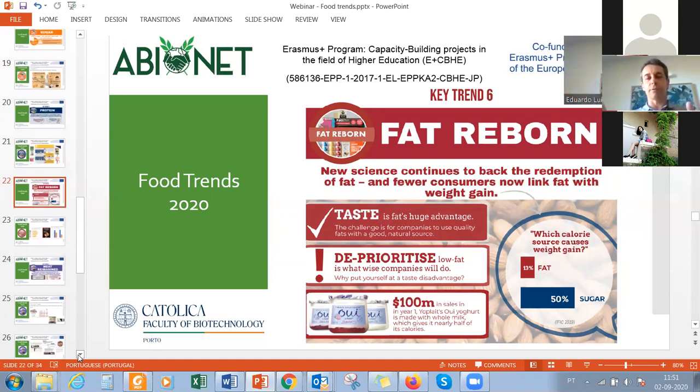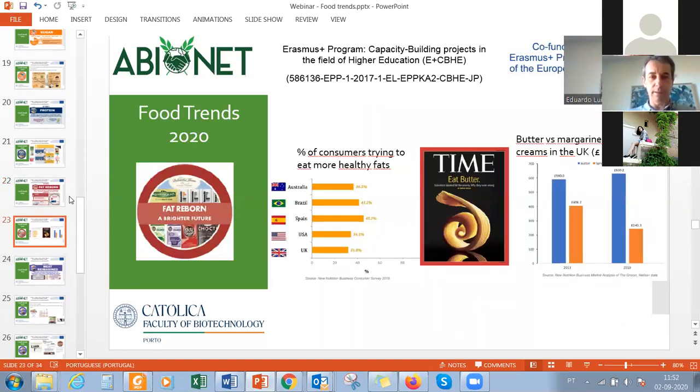So we have key trends for the major classes of nutrients: sugar, protein, fat, and here is the fat reborn. Some good fats are becoming trendy. Look, it is the cover of Time magazine: Eat butter. It's becoming trendy.